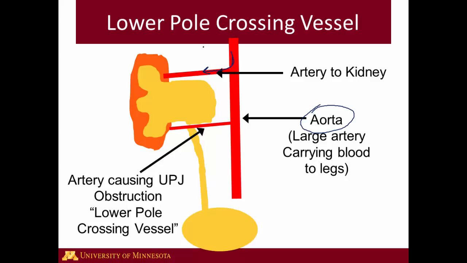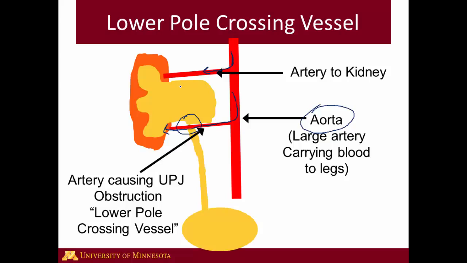But in about 50% of people with UPJ obstruction and about 20% of people without UPJ obstruction, there's a second artery that comes down and goes to the lower part of the kidney, and you can see it crosses the UPJ right here. And essentially what's happening is the artery is laying on the ureter and compressing it, and it makes it hard for urine to get down the ureter.